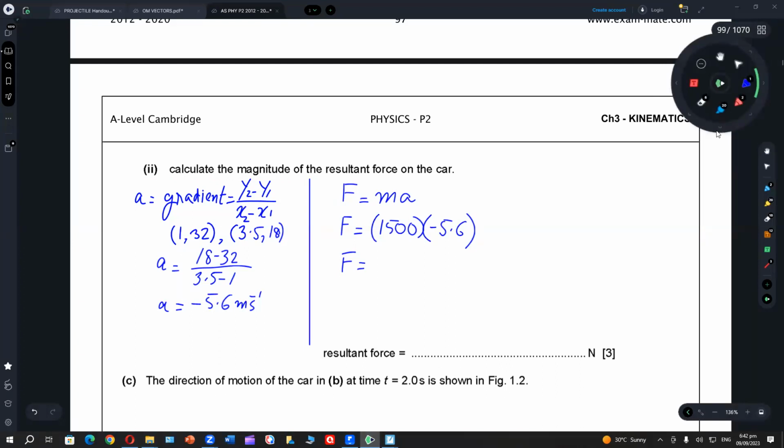So the answer of the force is now needed. So is it minus?